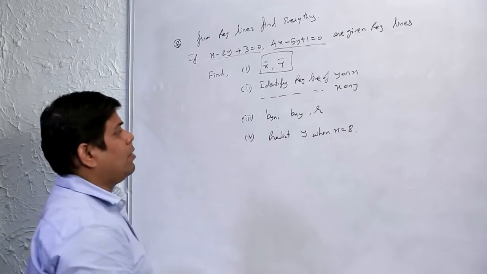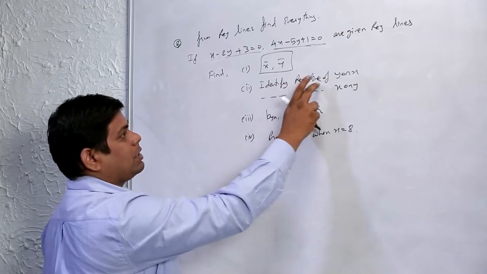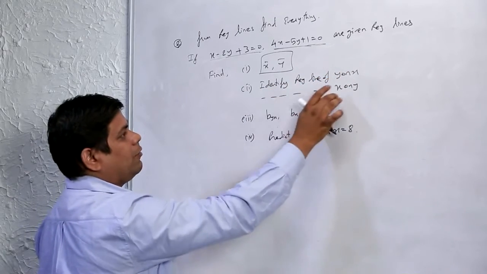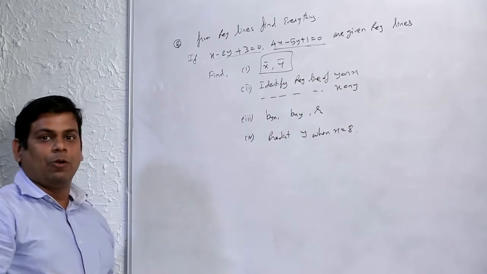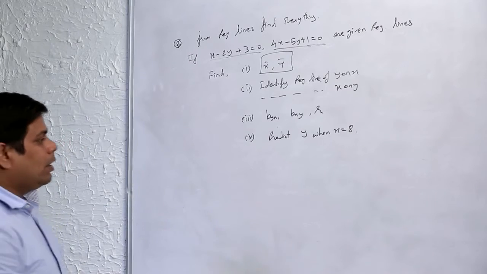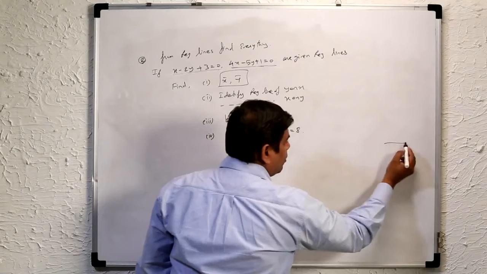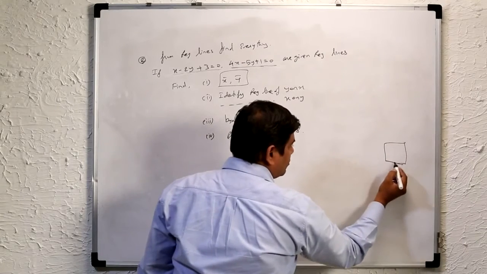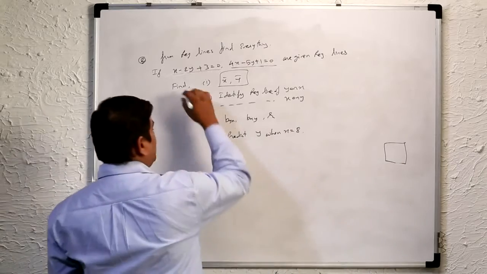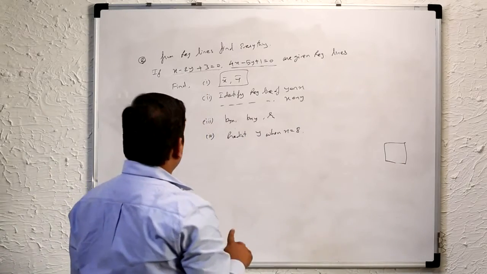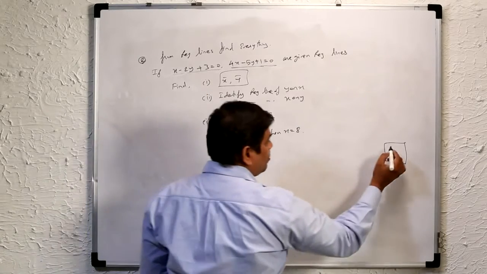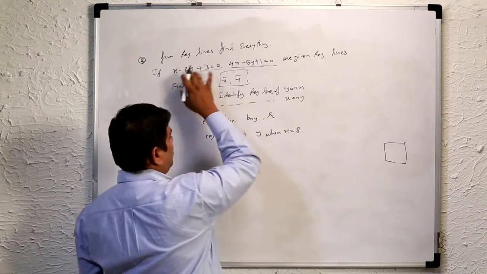Let us see the second type. Identify regression line of y on x and regression line of x on y. How are we going to do it? In the rough page, you find the slope of both the lines. The slope of the first line can be found by minus a by b.